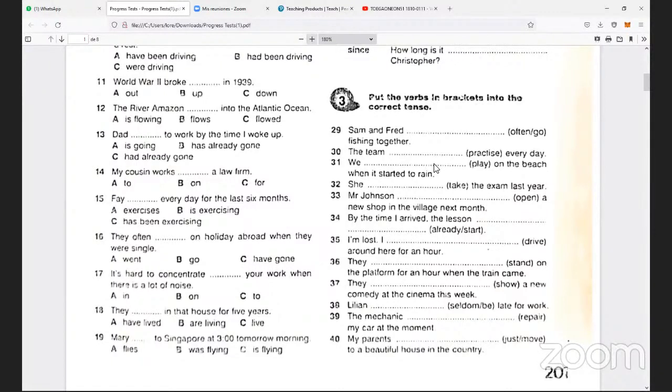Okay, both are okay. Perfect. 34. By the time I arrived, the lesson has already started. Okay, started, right? Already started. The verb in past participle.